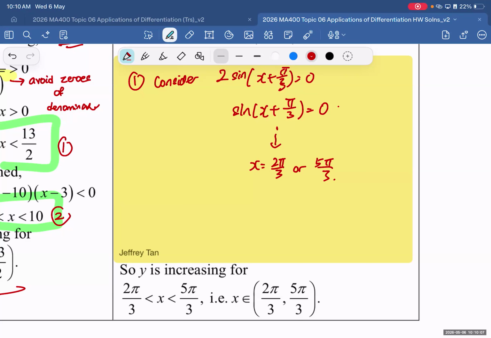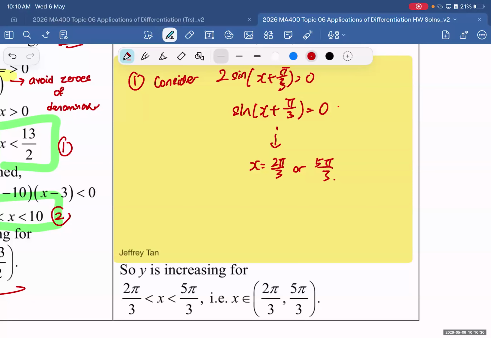So this becomes 2 pi over 3. Pi over 2 minus pi over 3, so this is negative pi over 6.